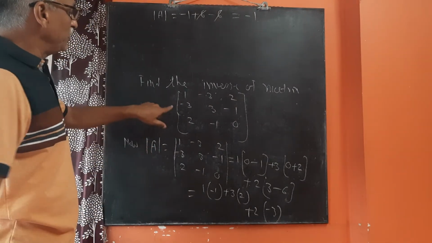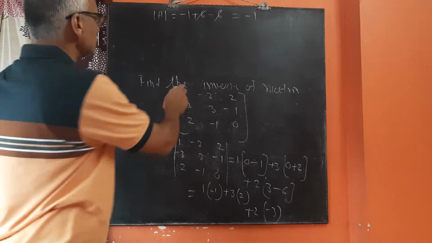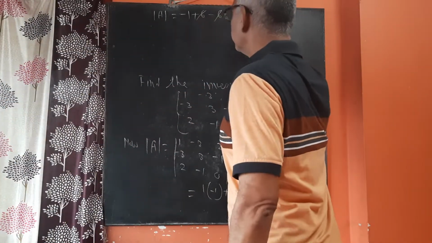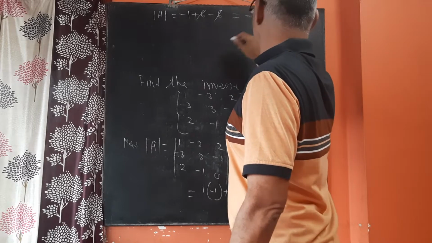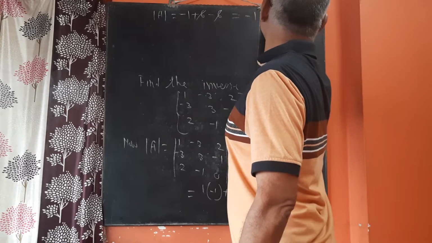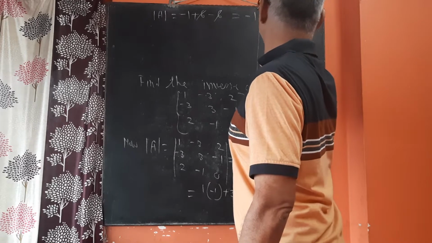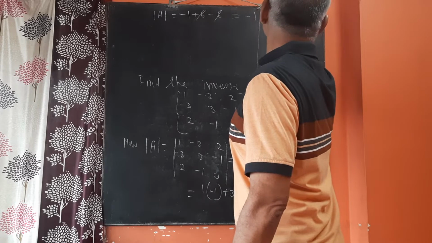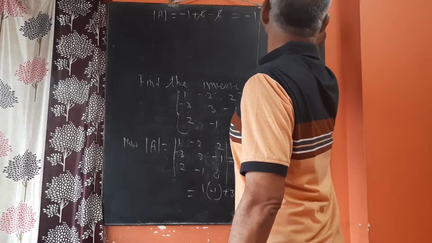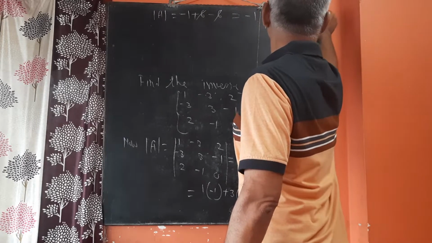Now we have to find the adjoint of this matrix. So I write here the matrix A is equal to 1, minus 3, 2; minus 3, 3, minus 1; 2, minus 1 and 0.